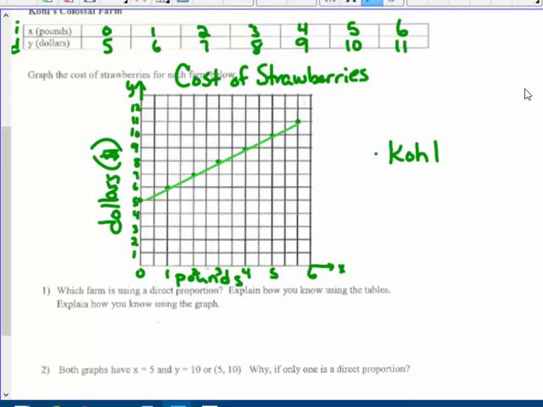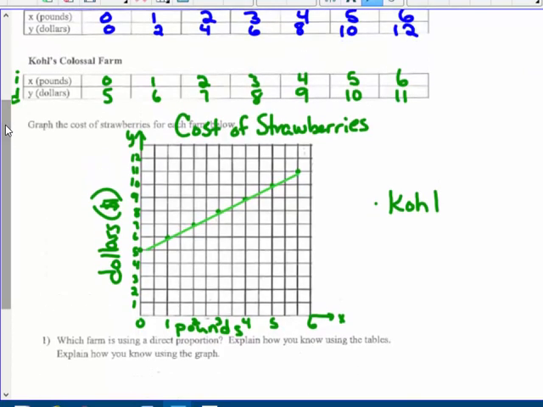And Mr. Rivers, I was using the blue marker, so I'm going to use the blue marker there. His points are 0, 0, 1, 2, 2, 4, 3, 6, 4, 8, 5, 10.